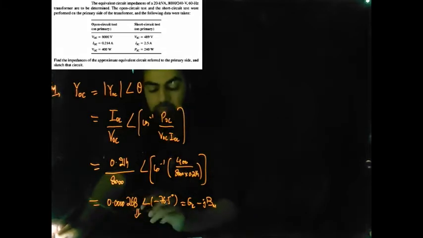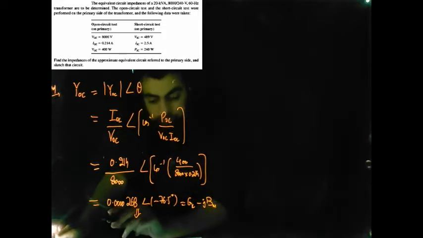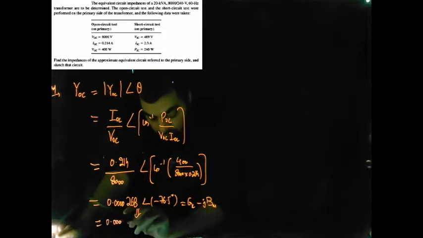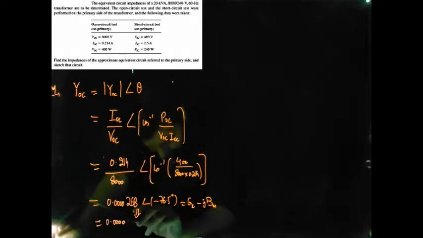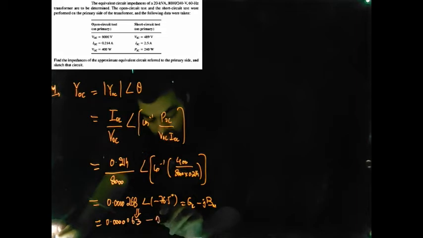So if we put this in Cartesian form from these polar coordinates, we can see this is 0.0000268 cos of minus 76.5 degrees plus j 0.0000268 sin of minus 76.5 degrees. That comes out to be equal to 0.0000063 minus j 0.0000261.